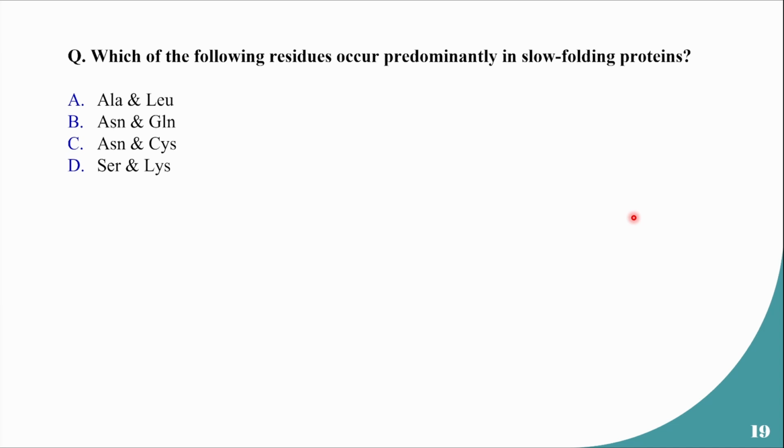So slow folding versus fast folding proteins do have a certain preference in terms of the types of residues present. Okay.